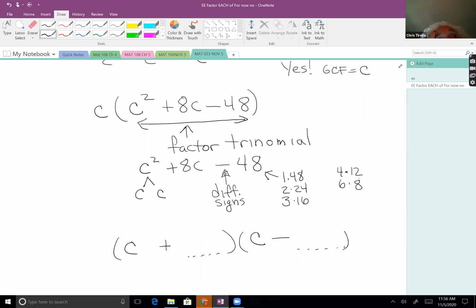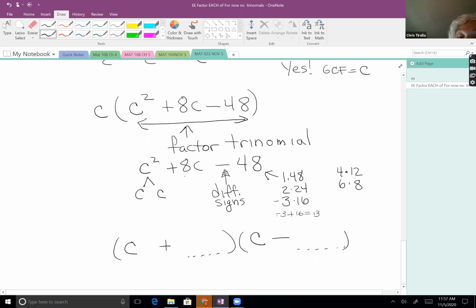If one's positive and one's negative, so I have those different signs, which would likely add to 8? Negative 1 and positive 48 would be 47. Negative 2 and positive 24 would be 22. Negative 3 plus 16 would give me 13.